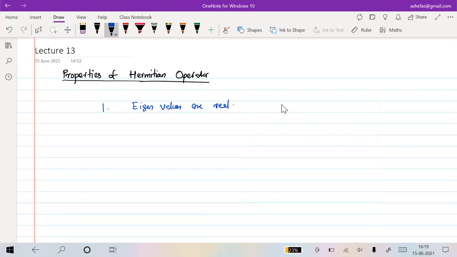Then how will you prove it? In order to prove it, the first thing is we should recall what is meant by a Hermitian operator.